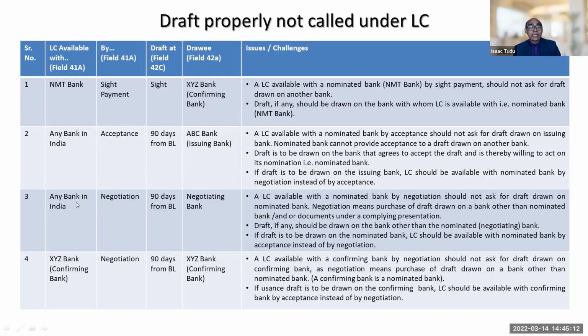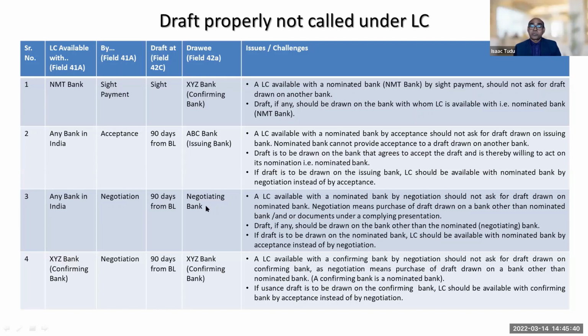LC available with any bank in India, available by negotiation, draft, yes, 90 days from bill of lading has been stipulated, drawee, negotiating bank. What is the challenge or problem with this type of structure? An LC available with a nominated bank by negotiation should not ask for the draft to be drawn on the nominated bank.